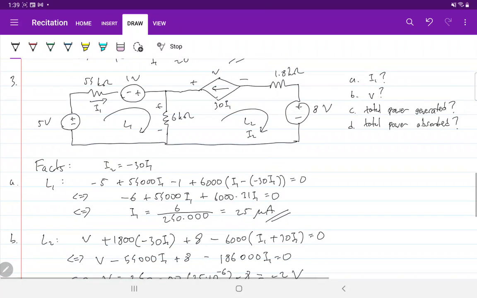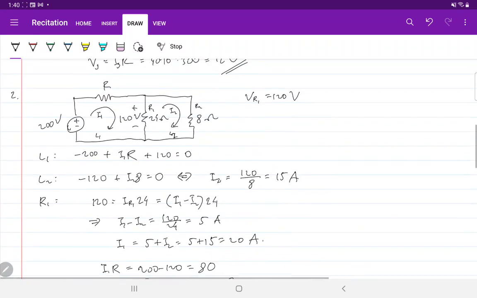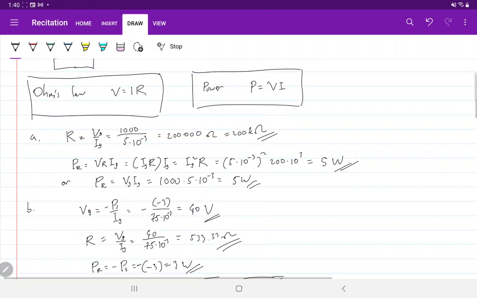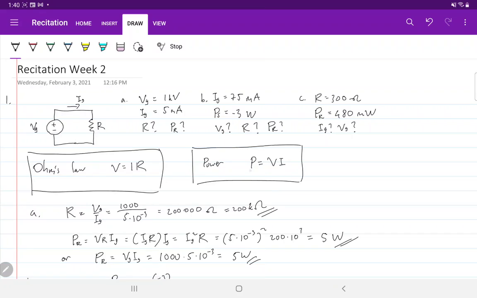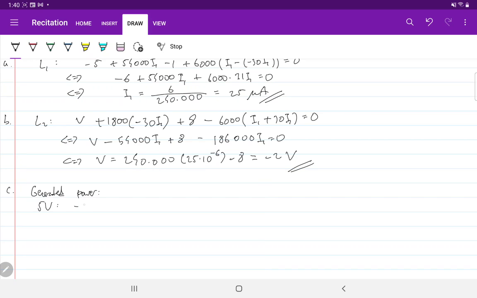For C, we need to compute the generated power for the individual sources. Let's start with the 5 volt source. Remember that for generated power the sign is negative. So P is minus Vi.